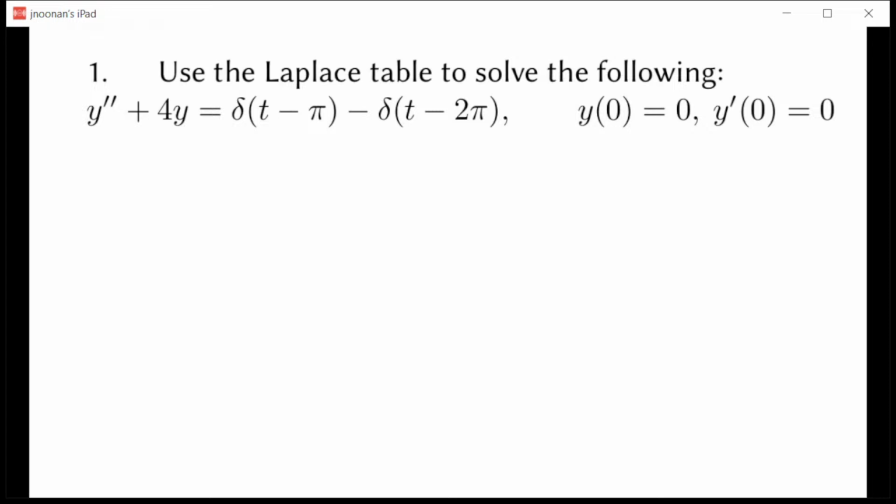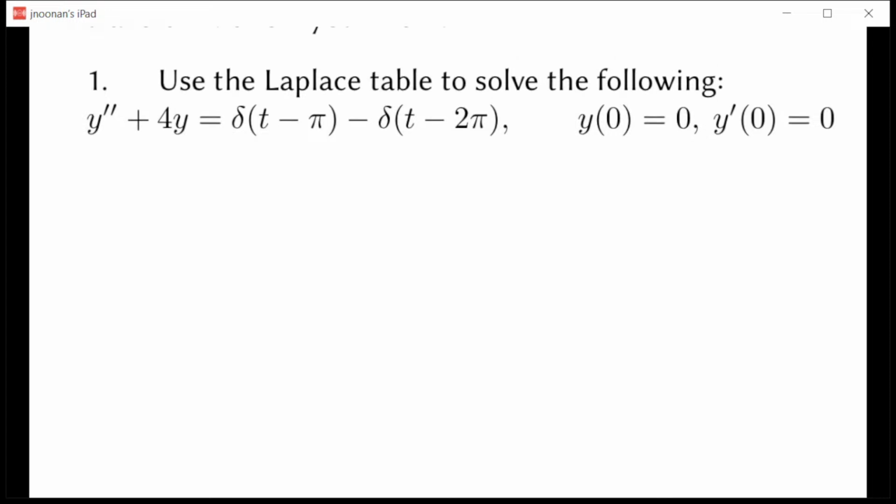All right, so let's see how this shakes out. Like I said, this is going to be easier than the first one, but let's go ahead and do this. Travis knows how to do this y double prime, don't you? What's the Laplace transform of y double prime? It is s squared Laplace of y(t) minus s y initial, which is 0, minus y prime initial.